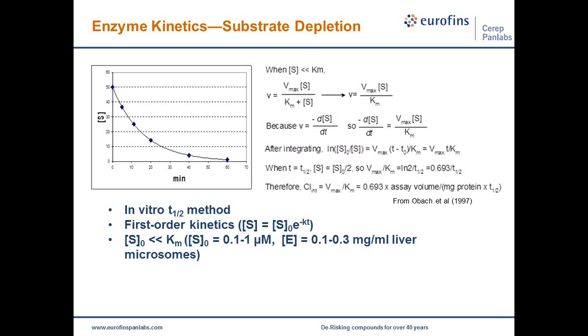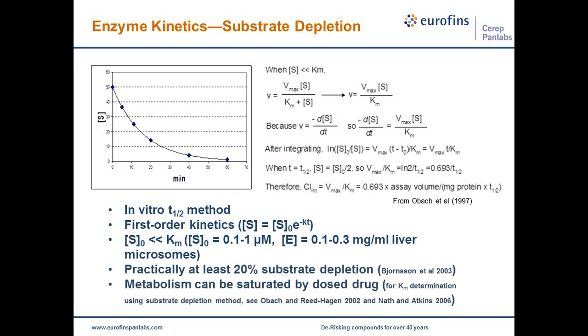So high intrinsic clearance may not be a good characteristic because it often results from a low Km. Compounds with low Km are easily saturated, resulting in nonlinear kinetics. So if we need to calculate Km at this stage without knowing what the metabolite is, we can still use the substrate depletion method to do the study.